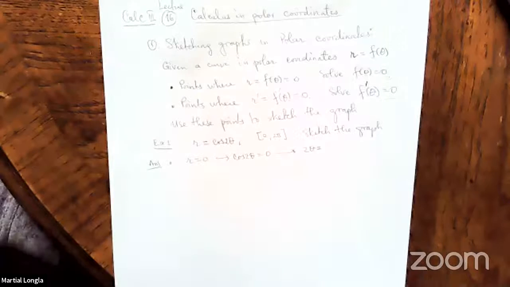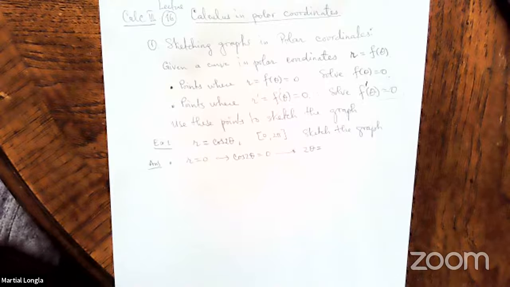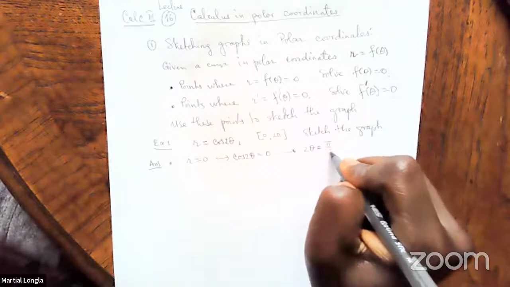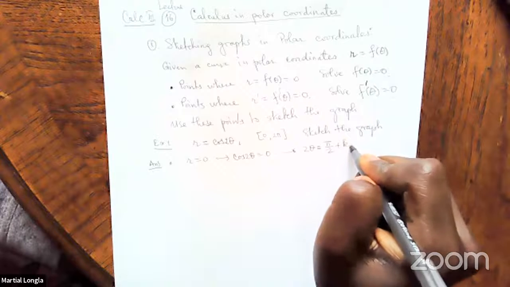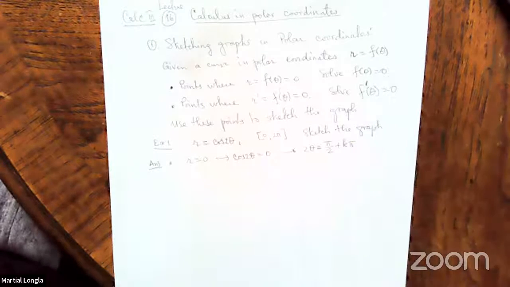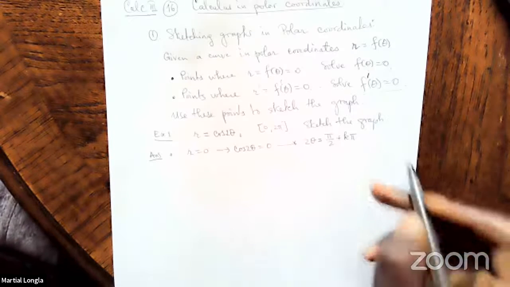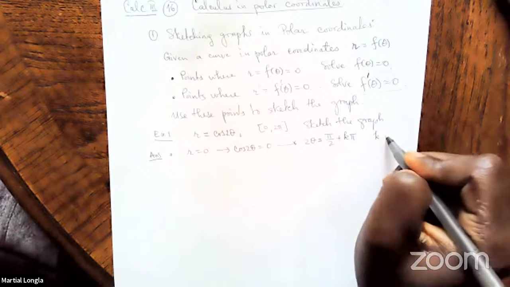That's -1. And you want the angles that have cosine 0. 2 theta would have to equal pi over 2 plus k times pi, where k is an integer.